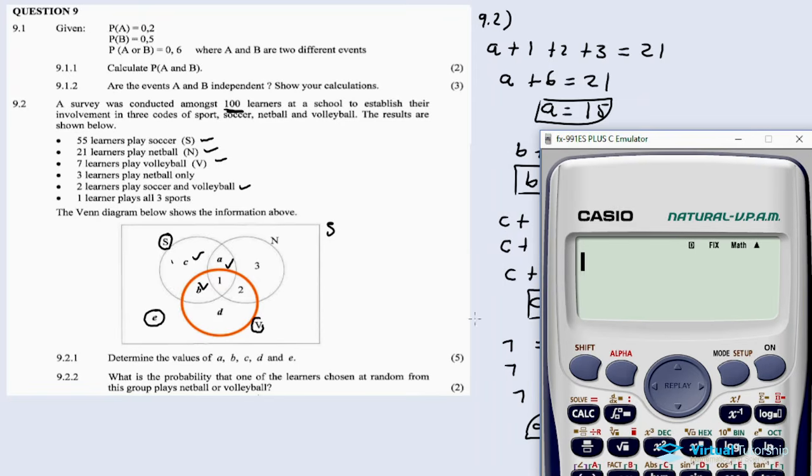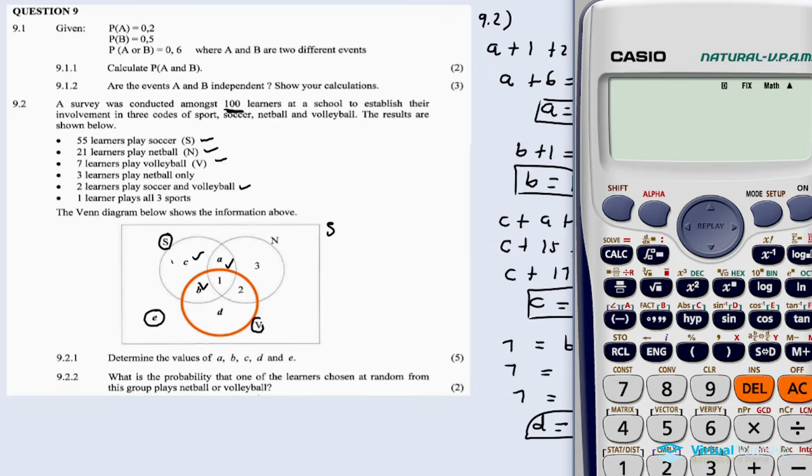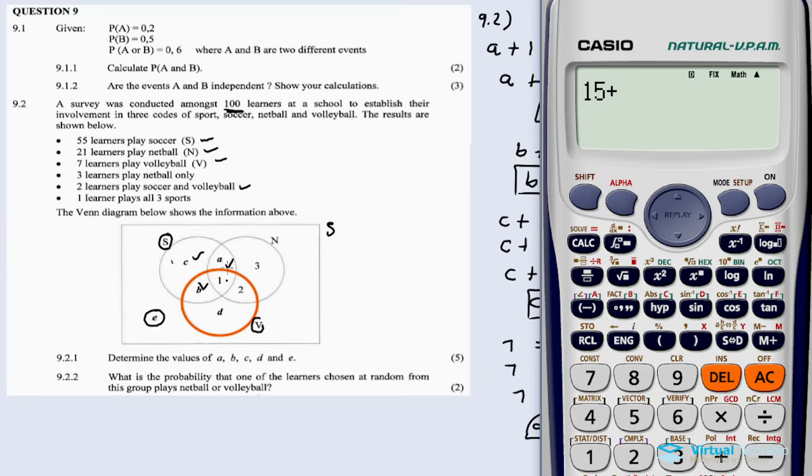A, right, A is 15, plus 1, plus 2, plus 3, plus D, D we found to be 3, plus B, B we calculated as 1, and then we add C. What's the value of C? C we calculated as 38.